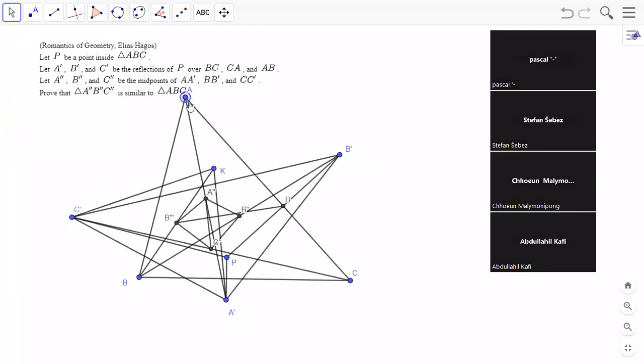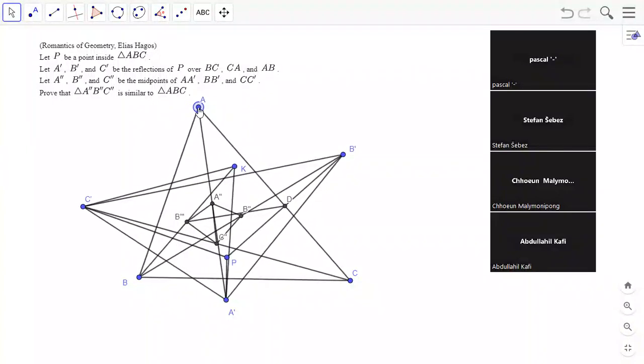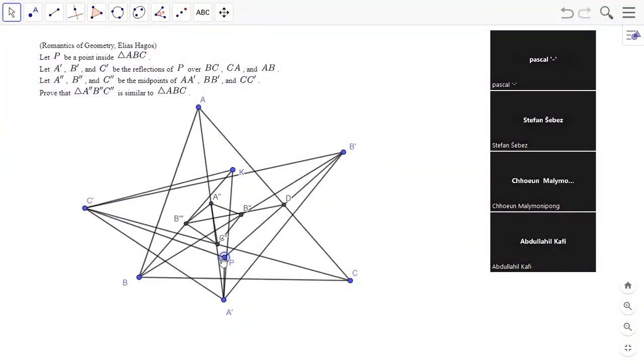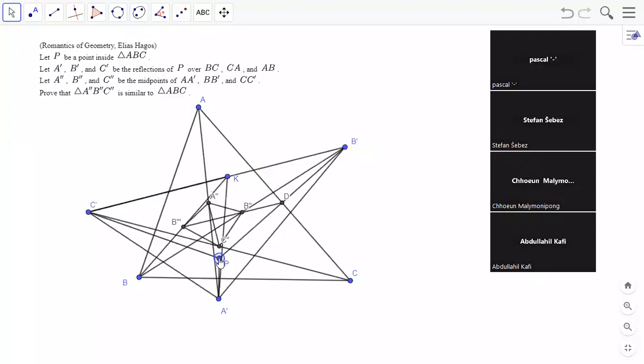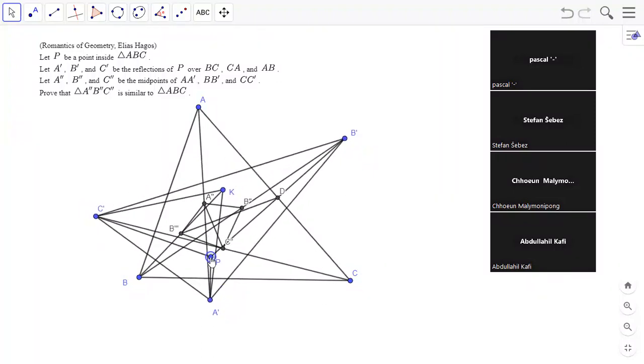Yeah, it's hard to get a perfect diagram. There are just so many points.